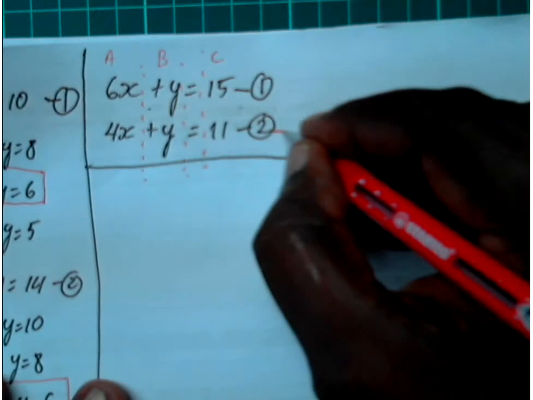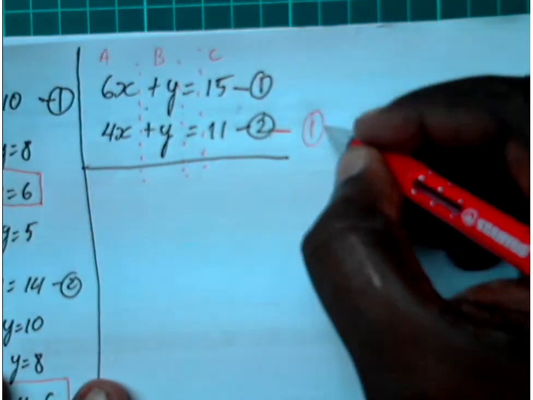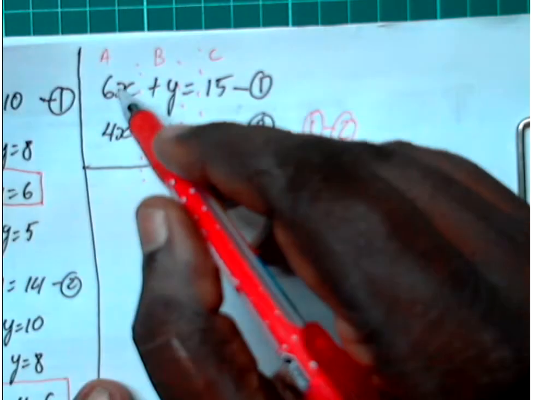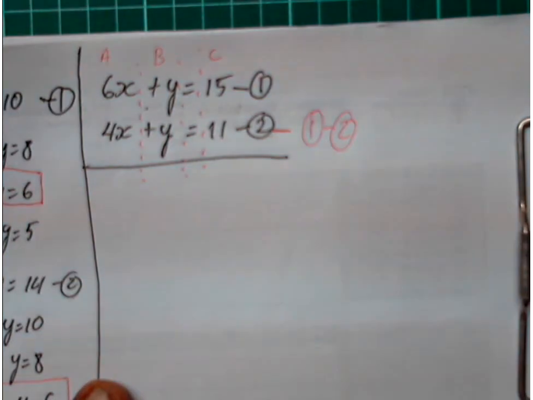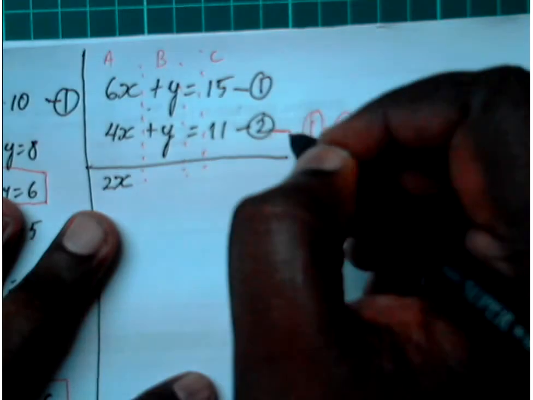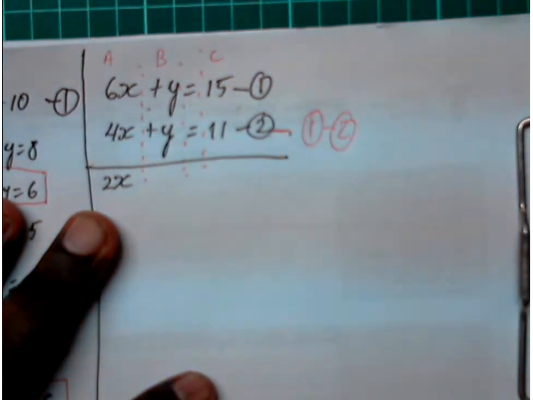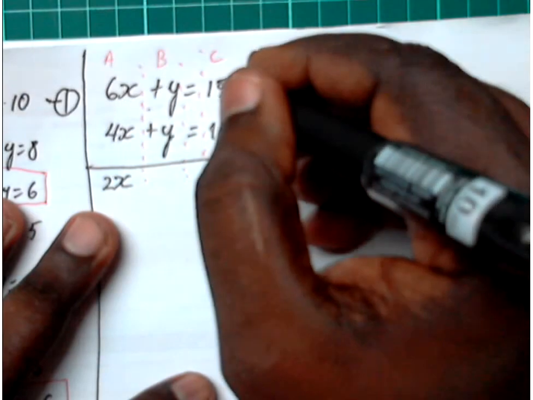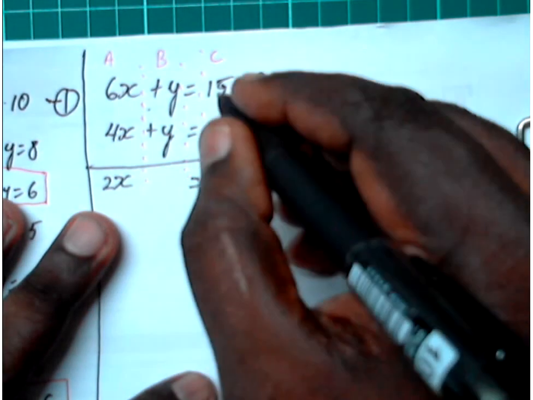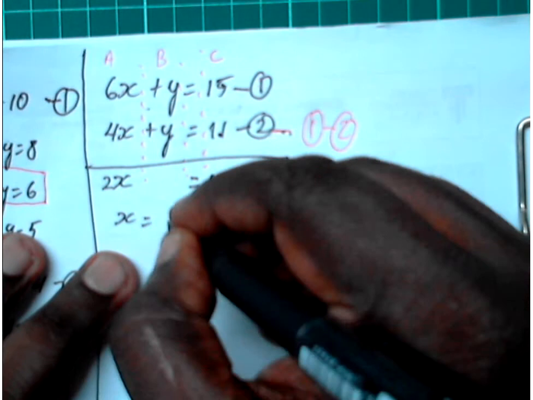But if I subtract equation 2 from equation 1, it makes my life easier. 6 minus 4 gives me 2x. y minus y eliminates the y. See, that's the most important thing: you need to kill one of the variables. And 15 minus 11 gives me, how much is that? 4. Therefore, x equals 2.